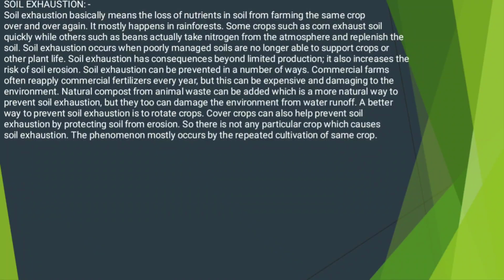But it too can damage the environment from water runoff. So a better way to prevent soil exhaustion is to do crop rotation. I think you all know what crop rotation is. Also, cover crops can also prevent soil exhaustion by protecting the soil from erosion.